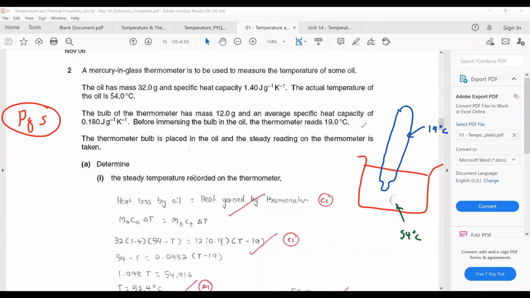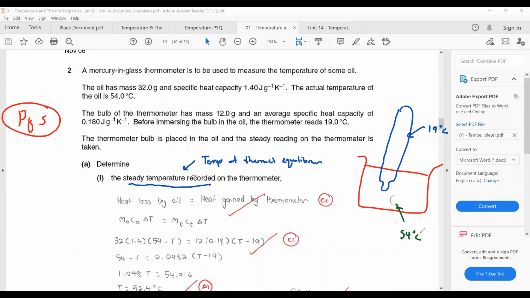Only then can you take the temperature, right? So the question is asking what is the steady temperature recorded on the thermometer, meaning this is the temperature at thermal equilibrium. You need to wait for this to reach thermal equilibrium before you can even take the temperature.